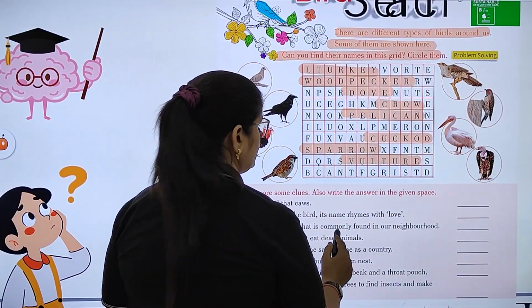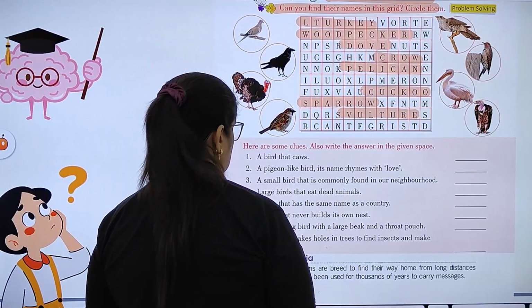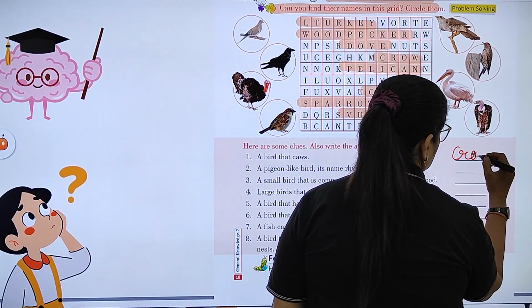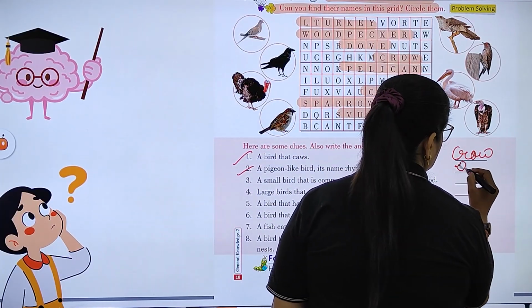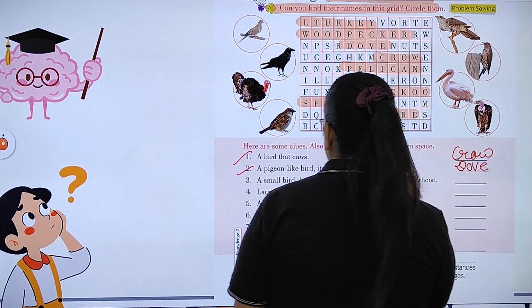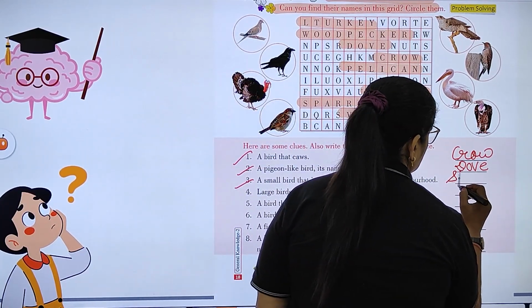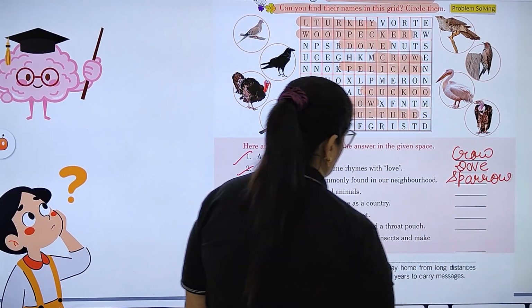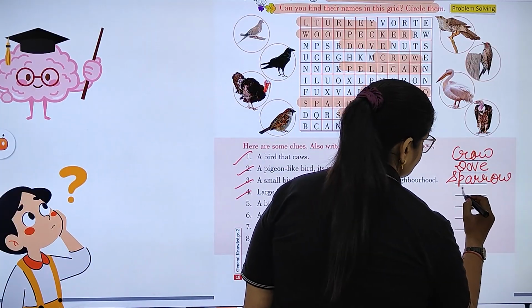ओके, चलिए अब हम इन्हें यहाँ लिखते हैं. A bird that caws. Crow. Number 2, dove. Number 3, sparrow. Number 4, vulture.